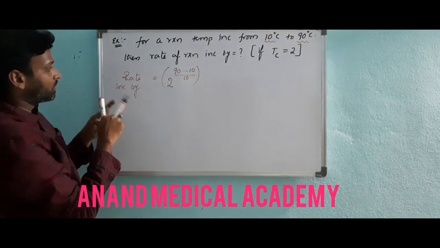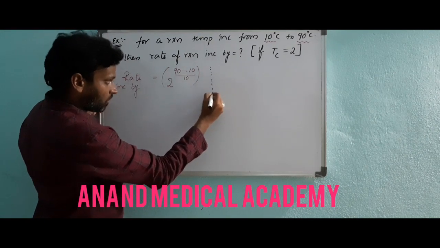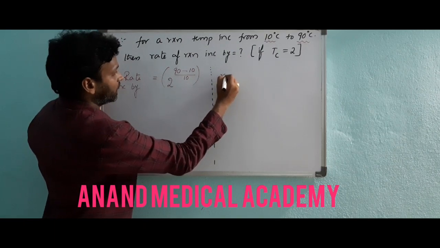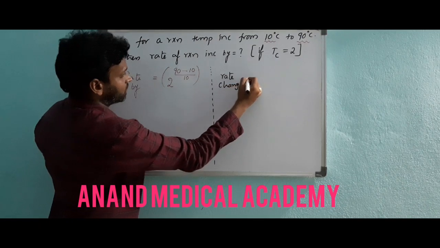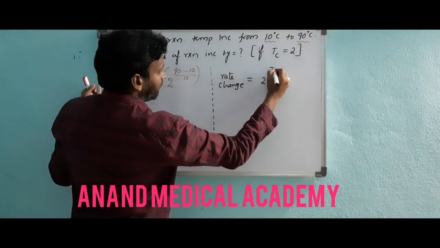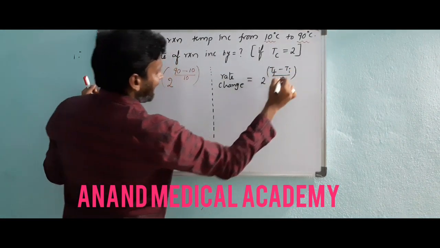Got it? I used this formula only. Don't get confused. Again I'll write here: rate change is equal to 2 power T final minus T initial by 10.